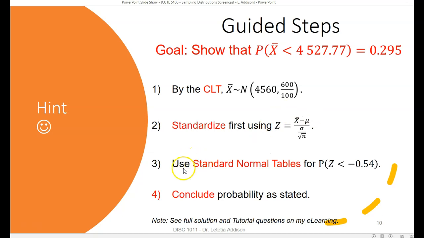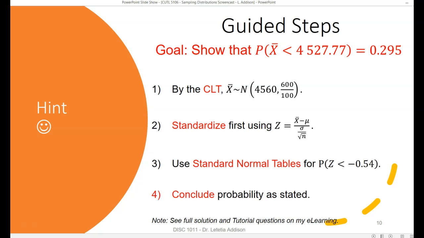Moving along, we use the standard normal tables for the probability z less than minus 0.54, which would have been the computation gained from step 2. This is a straightforward computation which we can gather from our normal distribution tables, which are also lodged on My Learning.